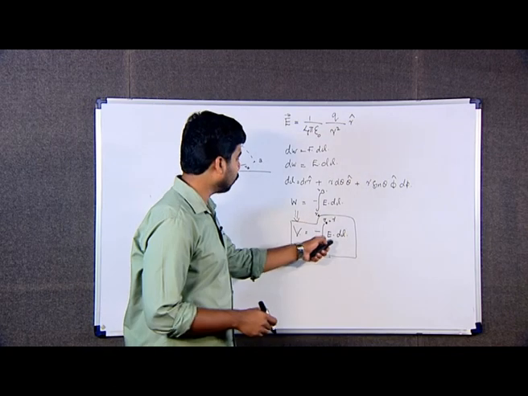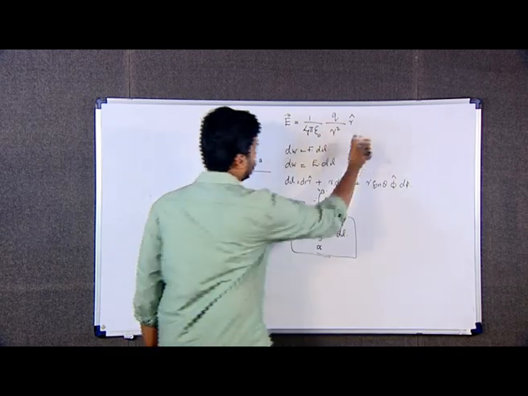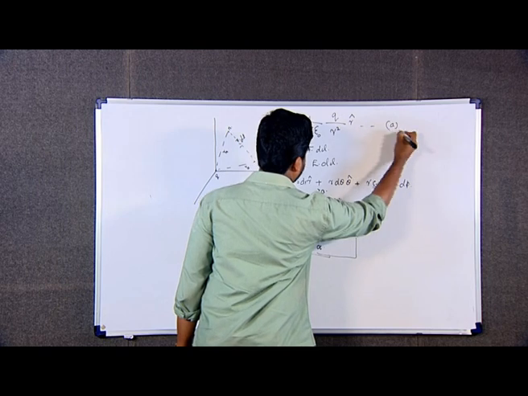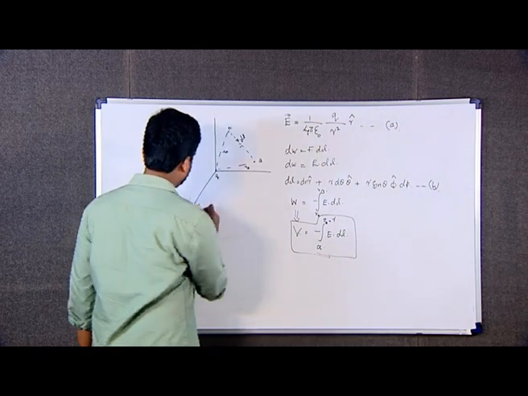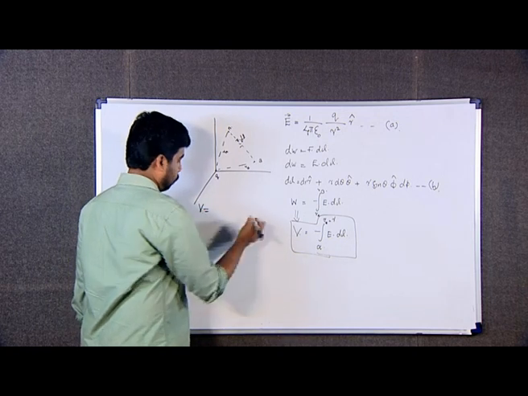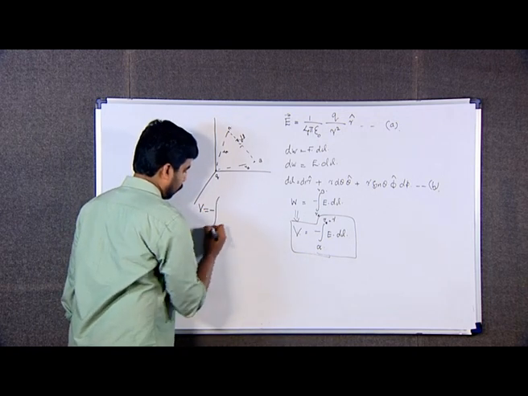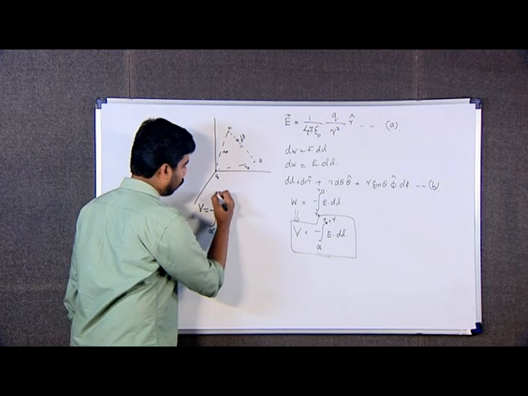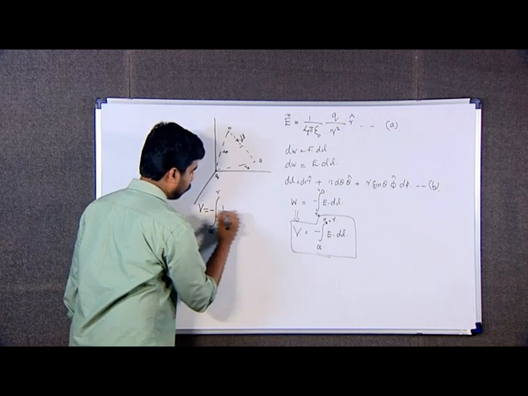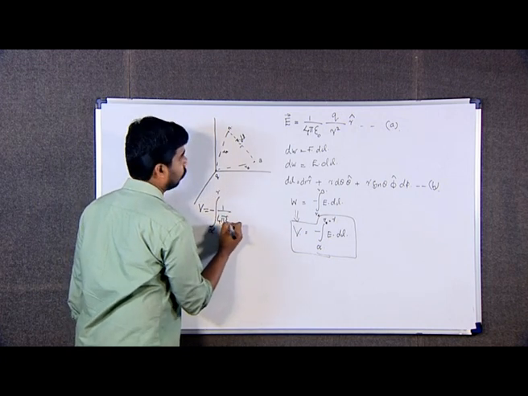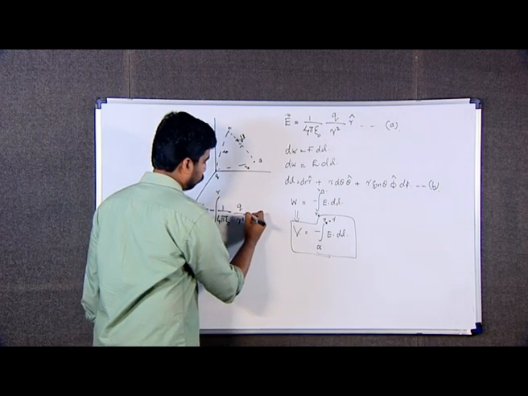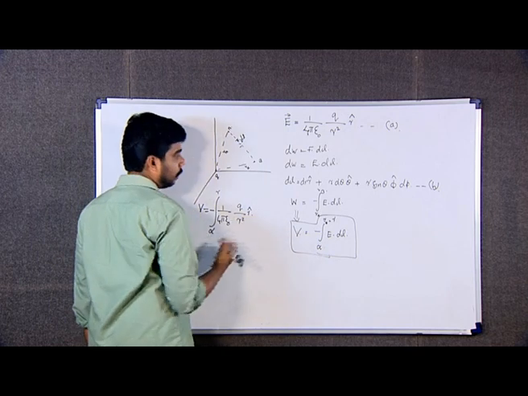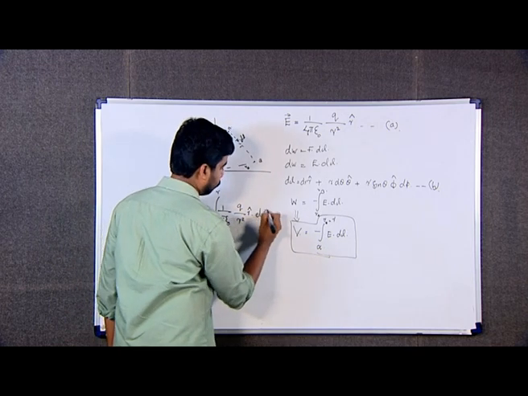I can substitute the value of E; I name this equation A and this equation B. So, what is V? V I can put as minus the integral from infinity to r, where E is 1 by 4 pi epsilon 0 q by r square into r cap, dot dl.